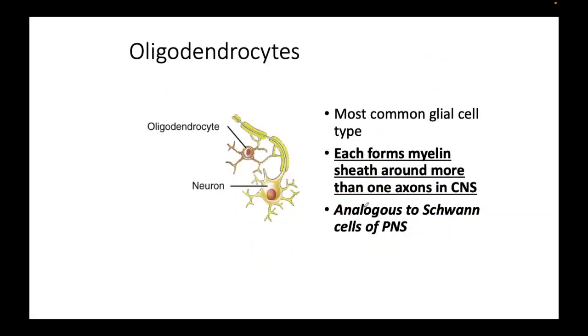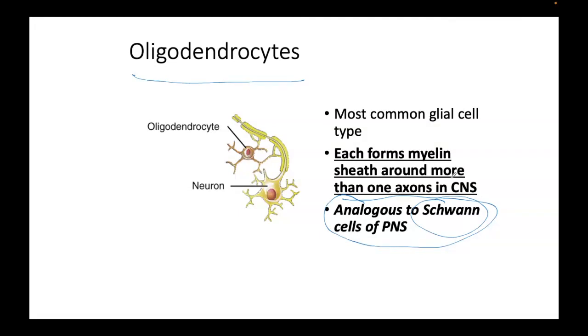Okay, the oligodendrocyte. Now, this is analogous to the Schwann cell. I mentioned Schwann cells in a previous video because the Schwann cells myelinate. They produce that myelin sheath, that fatty insulation that's made up of cholesterols, and wrap it around the axon. Oligodendrocytes do the exact same thing as Schwann cells.